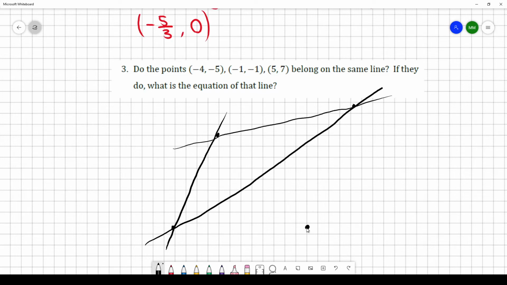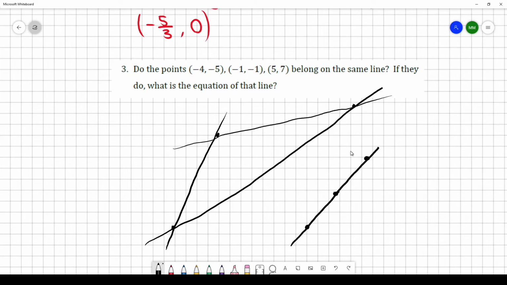But if you have 3 points that are on the same line, then from this point to this point, you will have a line that's this, and from this point to this point, you have the same line.